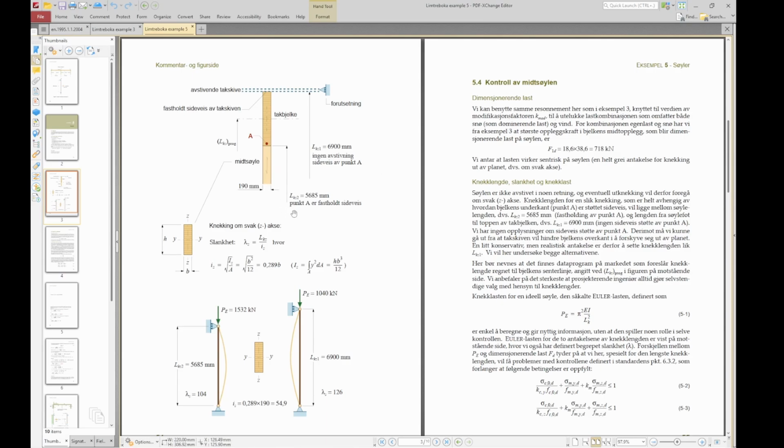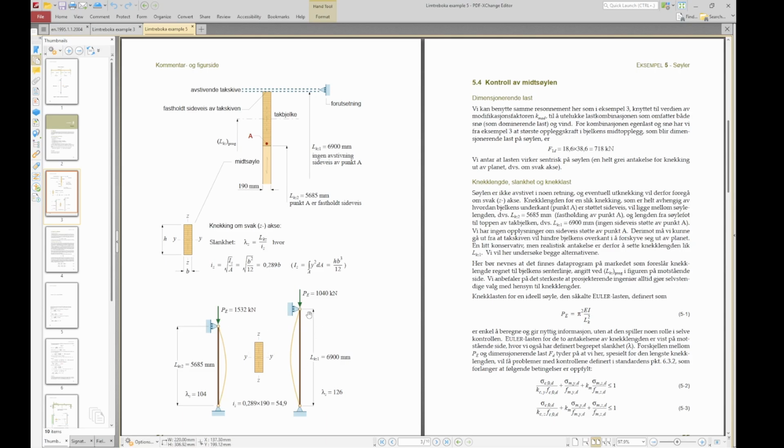The inner column has a length of 5,685 millimeters, and point A, which is the connection between the roof beam and the column, is at 5,685. This is stabilized in the horizontal direction. So there are those two types of columns.